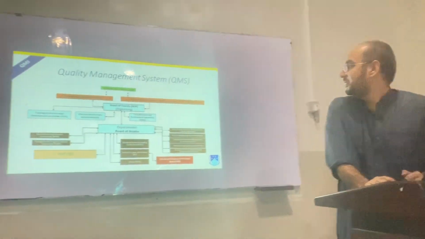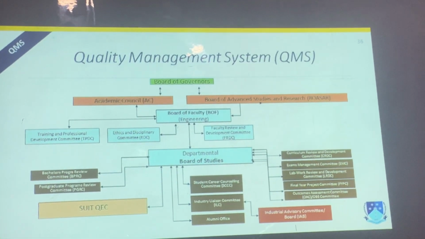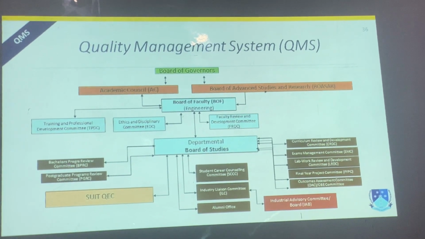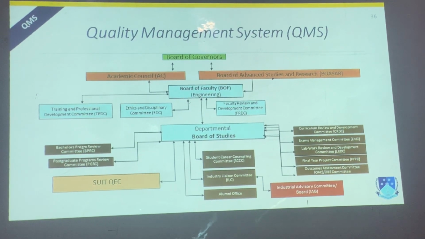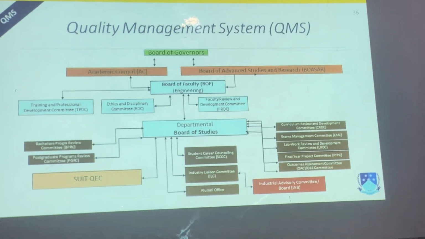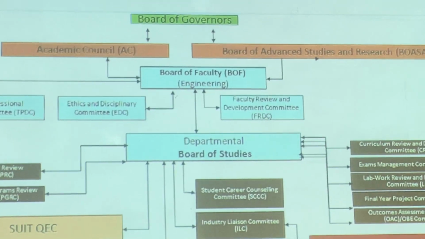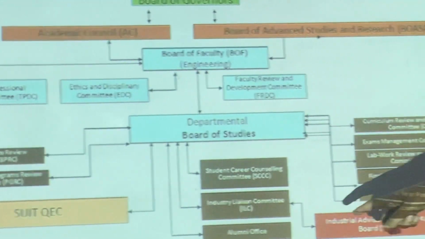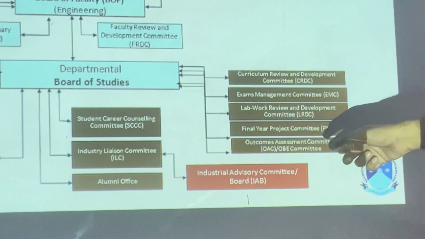And this is the quality management system. This is not a customized block diagram. We can eliminate some blocks from this. This is like the whole tree: the board of governors at the top, then the academic council, then the board of faculties, then the board of studies, and career counseling, and the departmental ILO, alumni office, and industry advisory board.